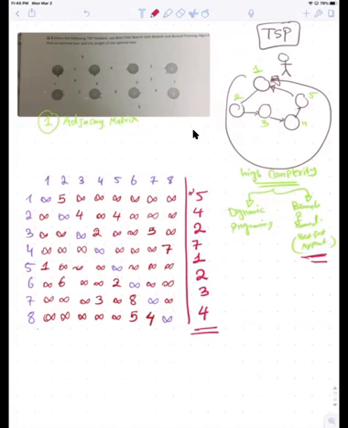Now what we have to do is sum up all of these numbers to get the theoretical minimum path, such that I cannot get anything below that number.